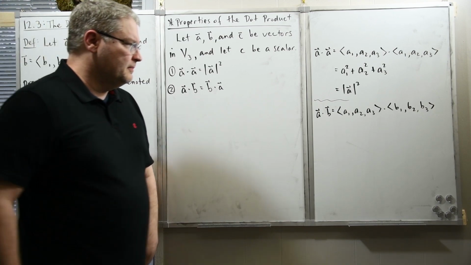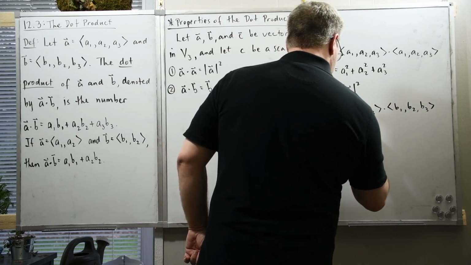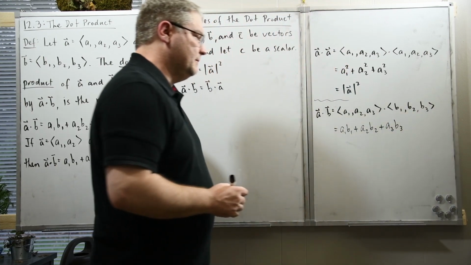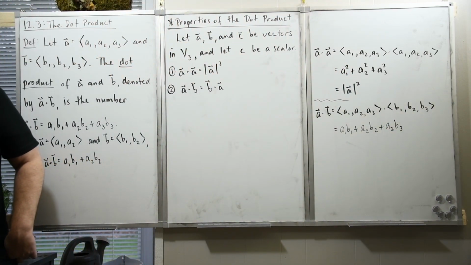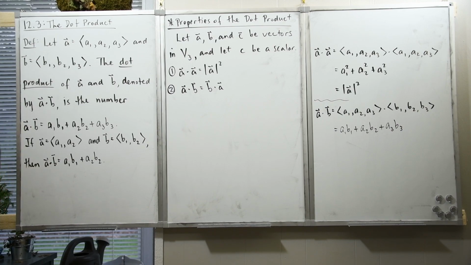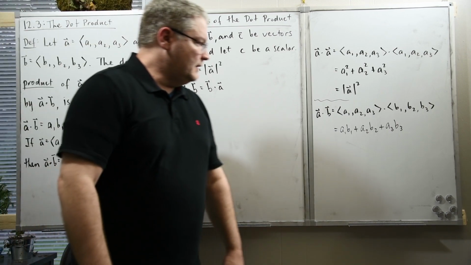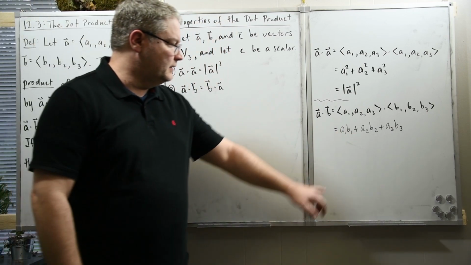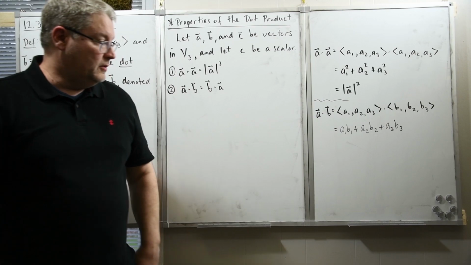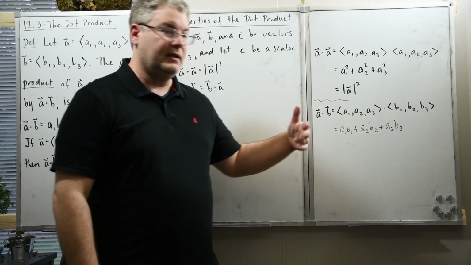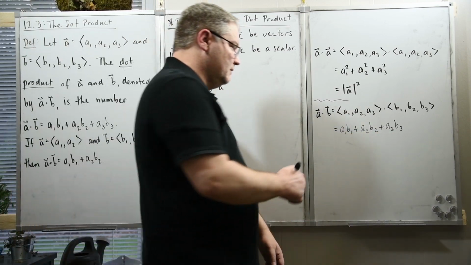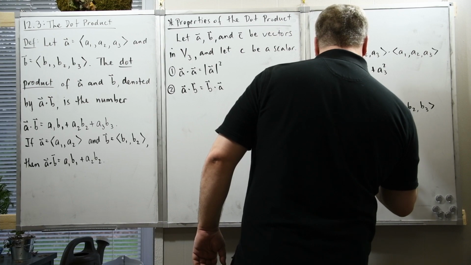And according to the definition of the dot product, this is A1 B1 plus A2 B2 plus A3 B3. But what we have to keep in mind is that the components of A and the components of B are real numbers. And one thing that's really nice about multiplying real numbers together is that the order doesn't matter. That is, A1 times B1 is equivalent to B1 times A1. A2 B2 is the same as B2 A2. And A3 B3 is the same thing as B3 A3. So we can switch the order of the factors in each one of these products.